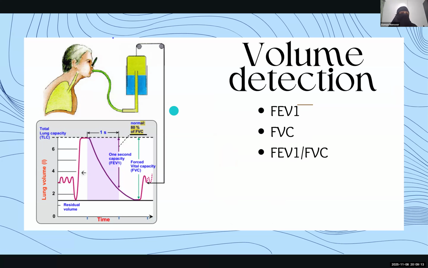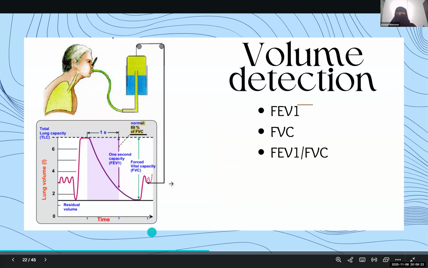Now, as I said, the patient is breathing in a lot and then forcefully exhaling outside. We have this machine that detects how much volume of air the person is breathing with time. So this is the time and this is the lung volume, in the sense of how much volume is coming out of his lungs.